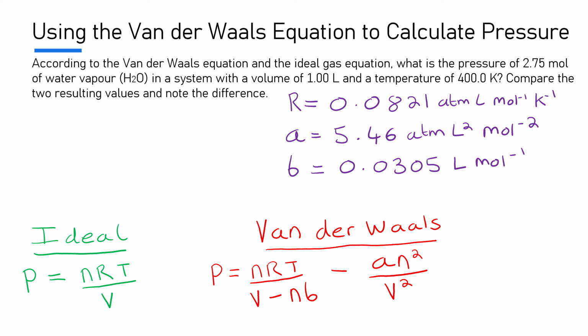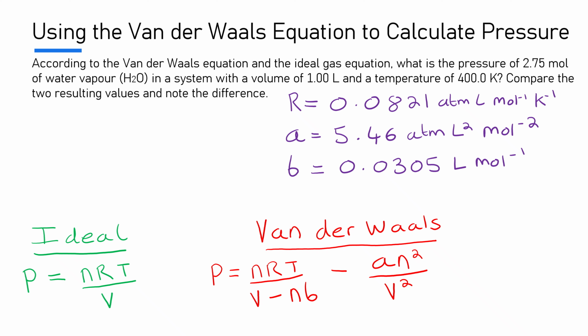This is usually the sort of question you will be given where the van der Waals equation is required, but you must also use the ideal gas equation. We essentially must carry out two calculations, one with the ideal gas equation and the other with the van der Waals equation, and then we compare those answers by finding the difference between them. This is usually designed to show how the van der Waals equation provides a more accurate result because it considers the influence of intermolecular attraction or repulsion and the volume of the gas particles themselves.